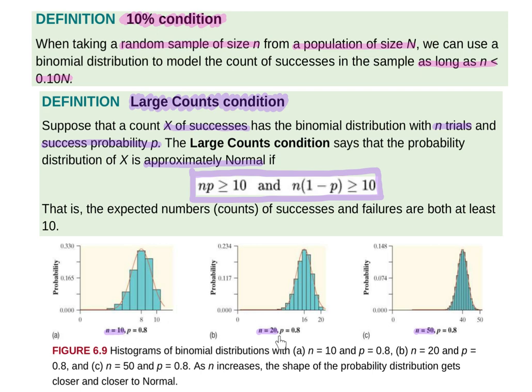We increase from 10 to 20, it's starting to get way more normal. And then from 20 to 50, it's really, really obviously very normal. It's got a really beautiful bell curve, and we can apply all those normal probability calculations and procedures to those things if n is great enough. So keep in mind the 10% condition and the large counts condition.